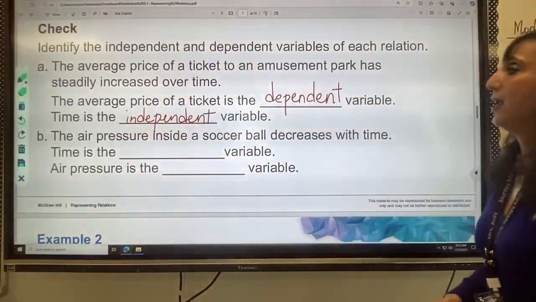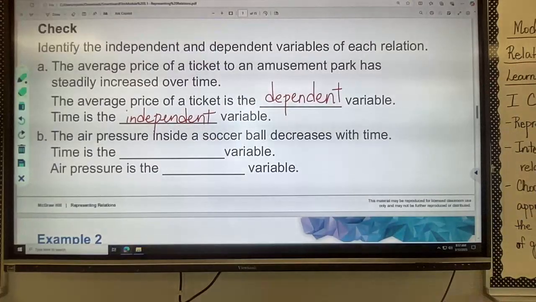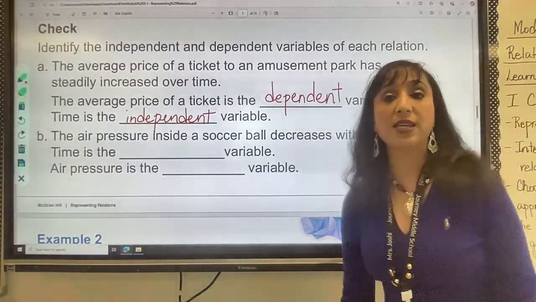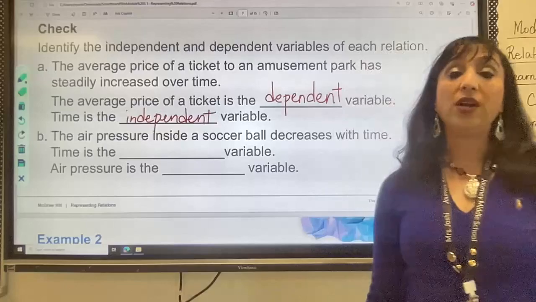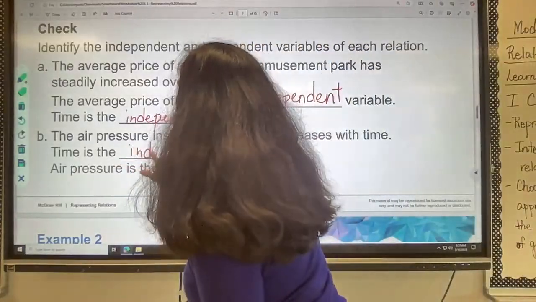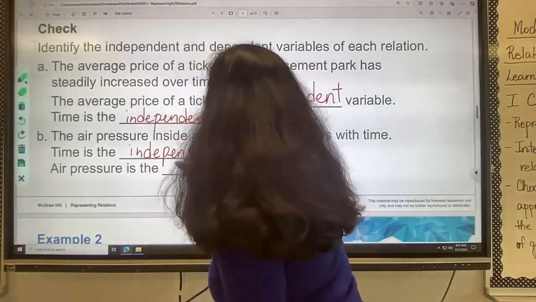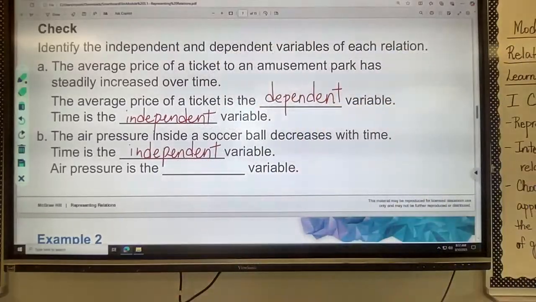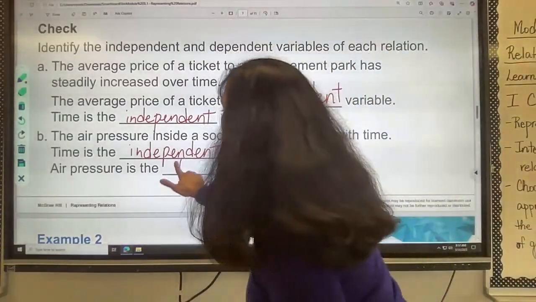Okay, and let's look at the other one. The air pressure inside a soccer ball decreases with time. So what is time again? Time is the independent variable, and air pressure is the dependent variable.